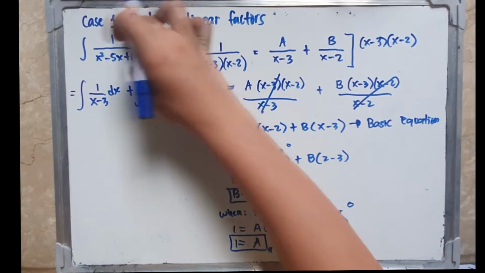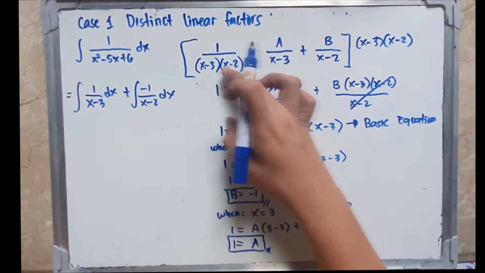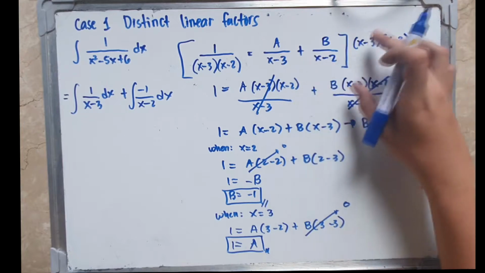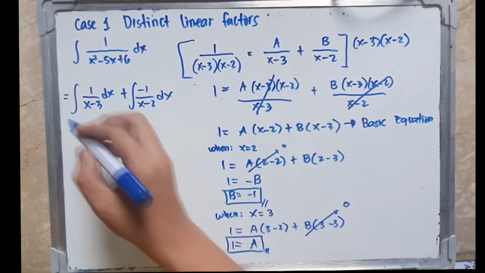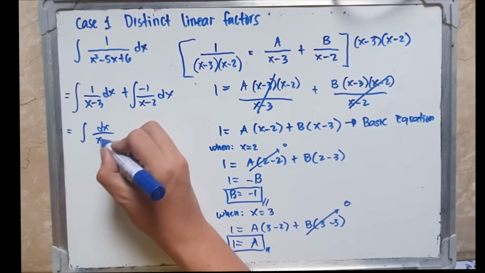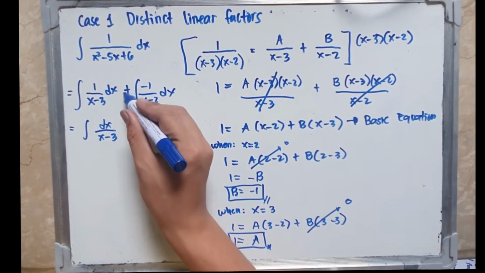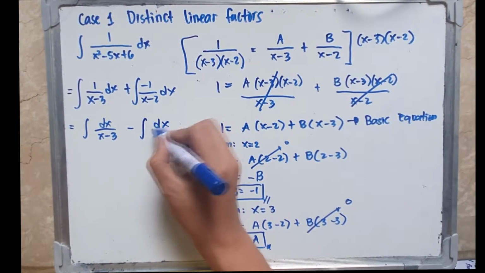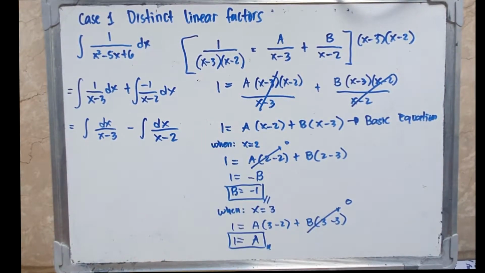So this is basically equivalent to integral of dx over x minus 3, and negative, so we'll factor that one out, negative integral of dx over x minus 2.